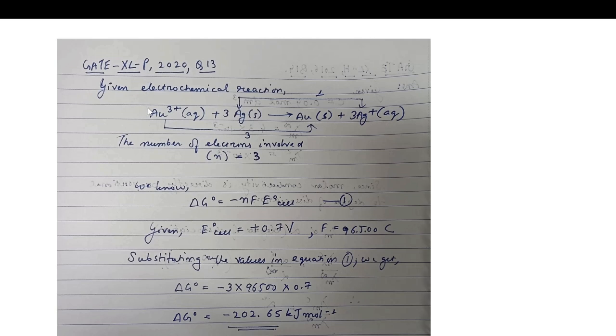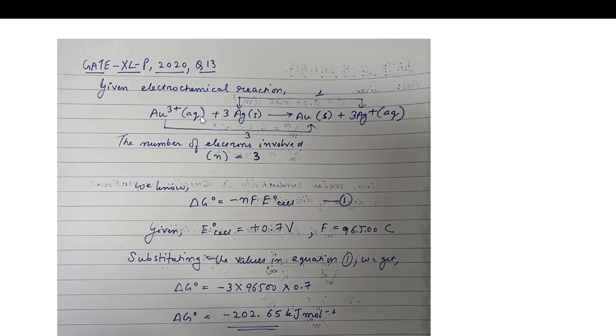If you write an electrochemical reaction and it is not balanced, then you may end up with a wrong answer. So first you need to balance the equation that you have written. I have balanced this equation with 3Ag and 3Ag plus.